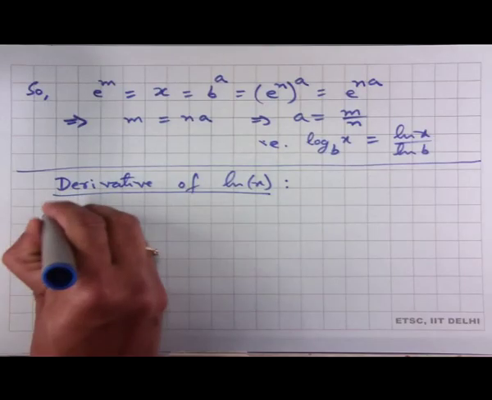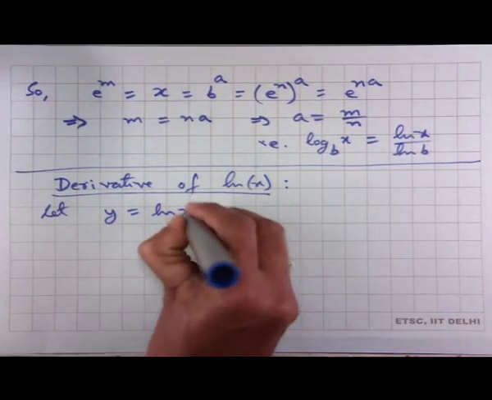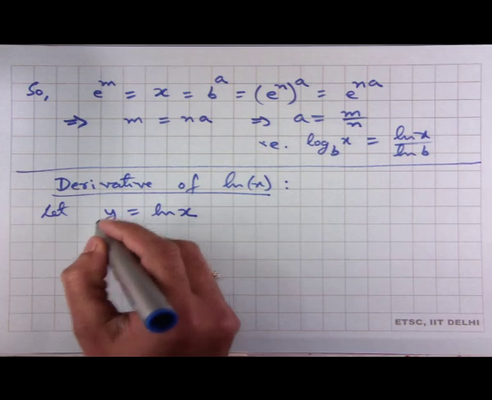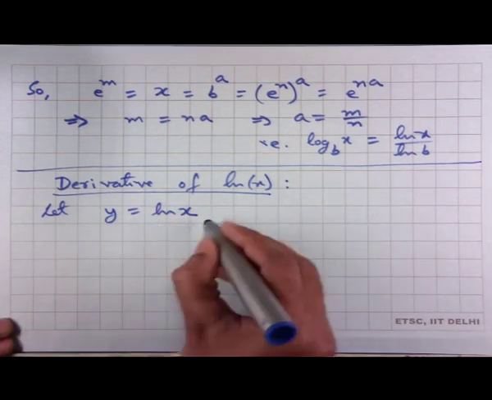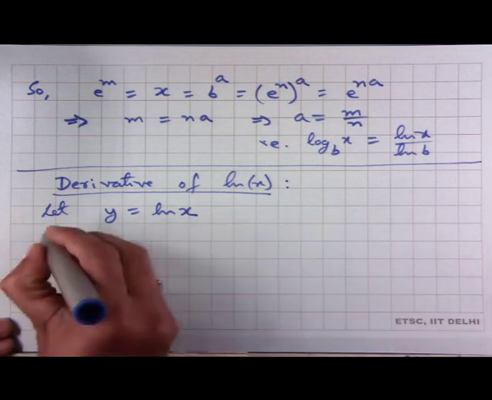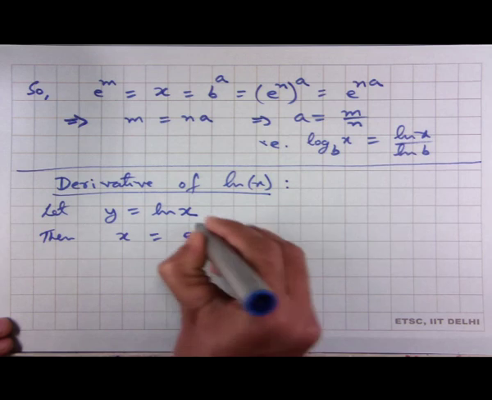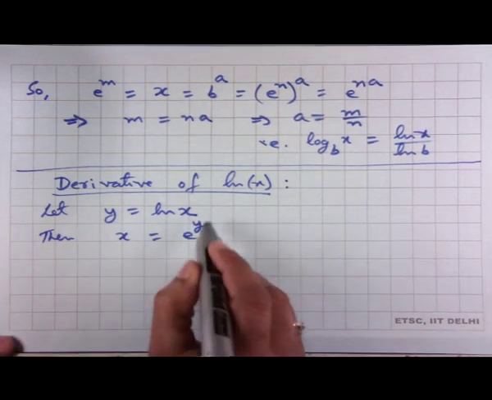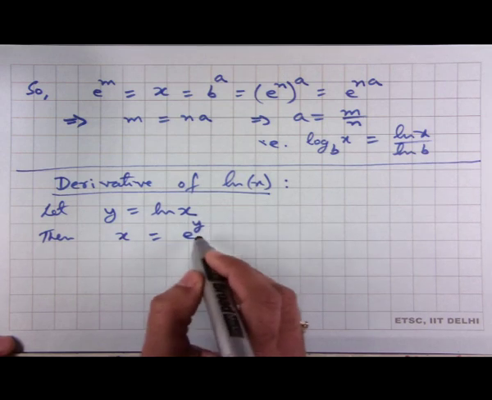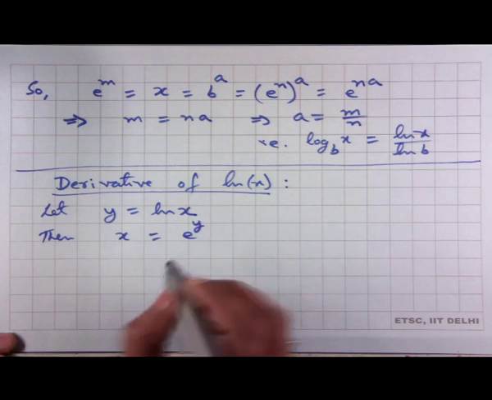So, let y is equal to ln of x. So, we want to find dy by dx, but we know that this implies that x is e to the power y, and because we know the derivative of exponential function, we can differentiate this expression with respect to x.